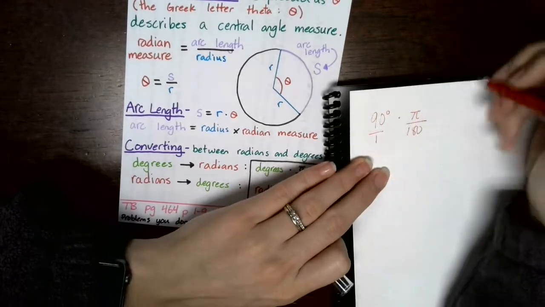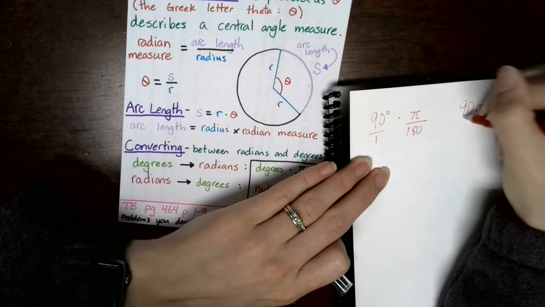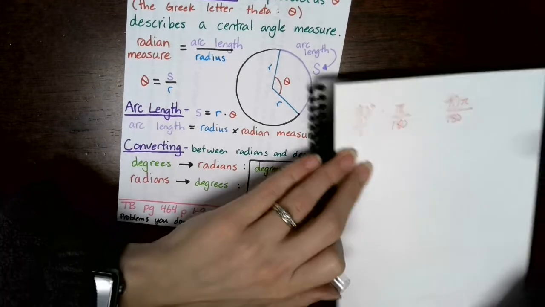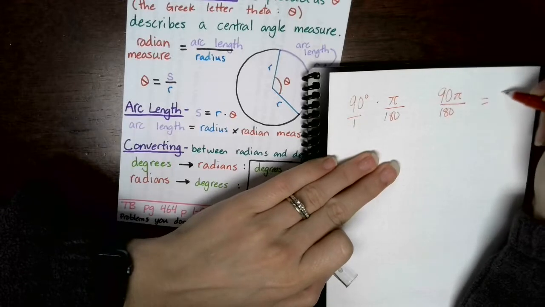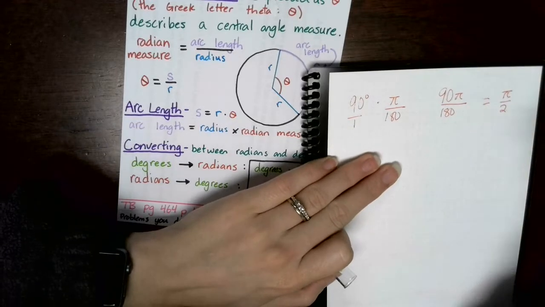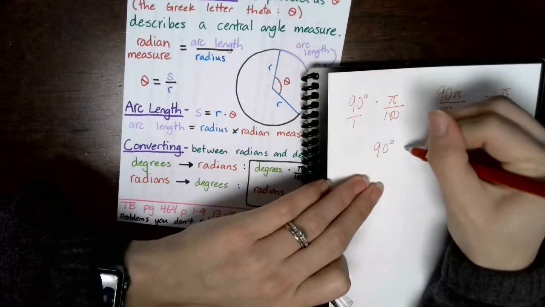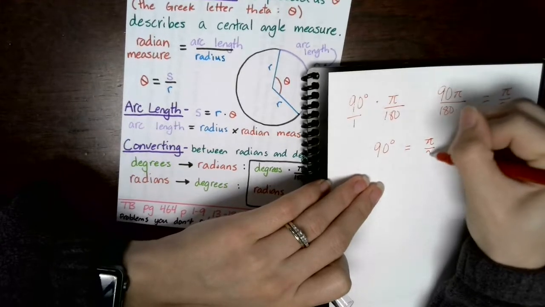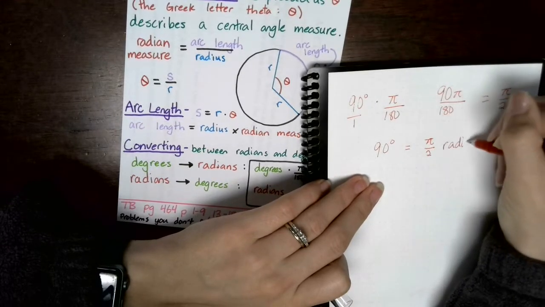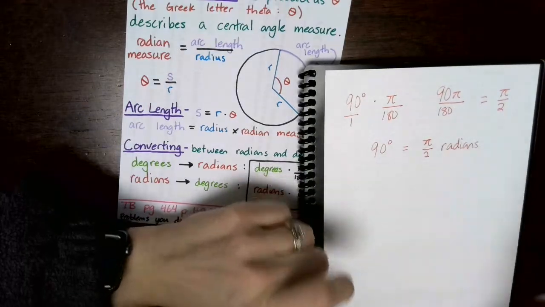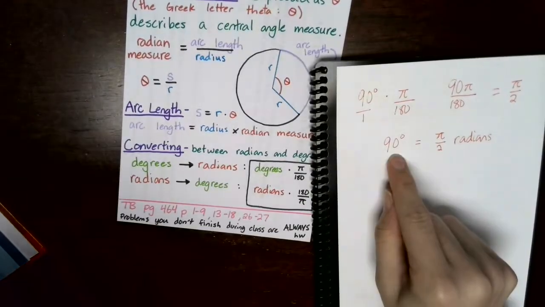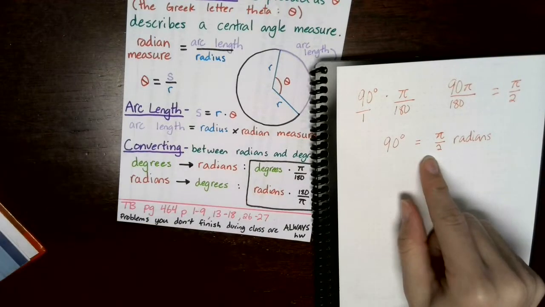So 90 times pi is 90 pi over 180, and then I can reduce that. 90 goes into both of those, so that equals pi over 2. So 90 degrees equals pi over 2 radians. And you have to write radians. You always have to write your units. Okay, so 90 degrees or pi over 2 radians.